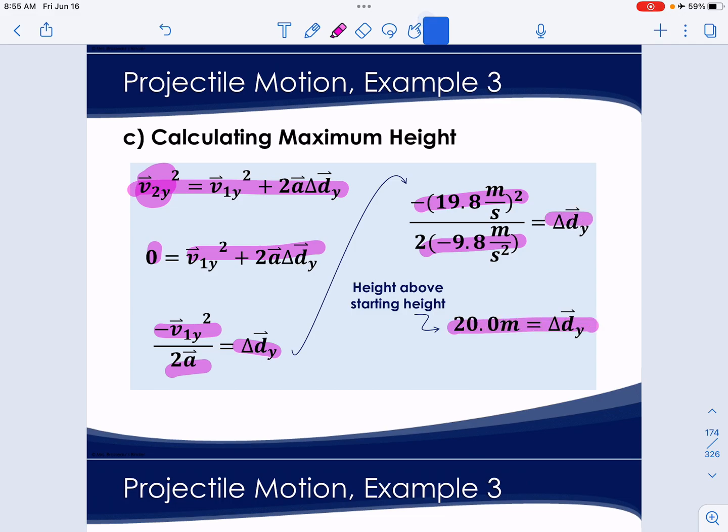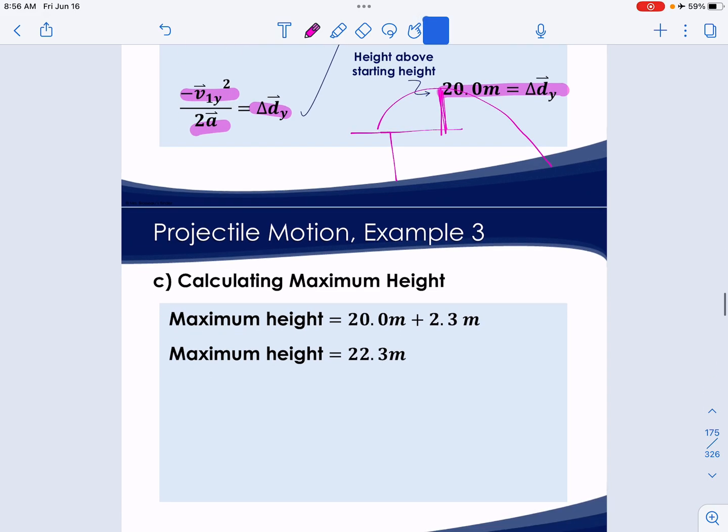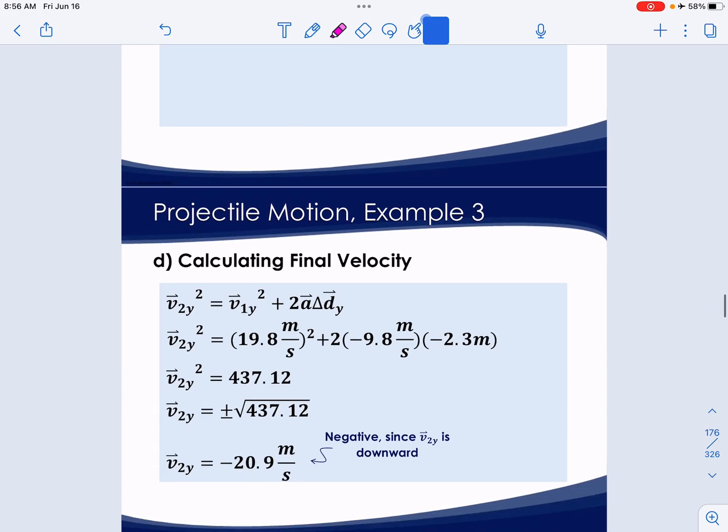Now this is above the starting height, so we're looking at this height right here. The maximum height is going to be the 20 plus the 2.3, so the maximum height is 22.3.